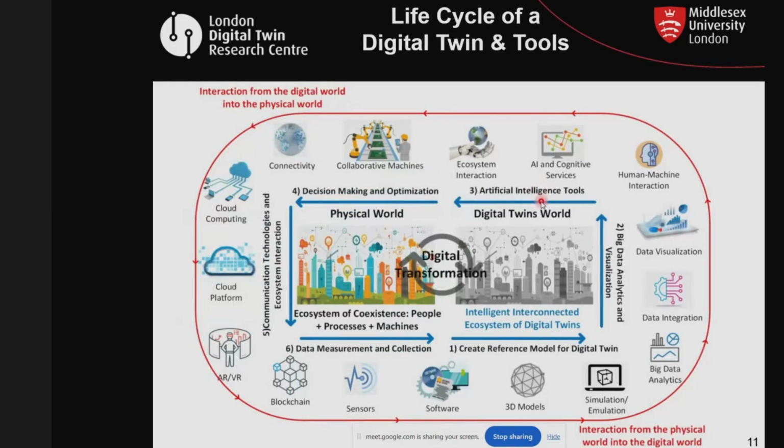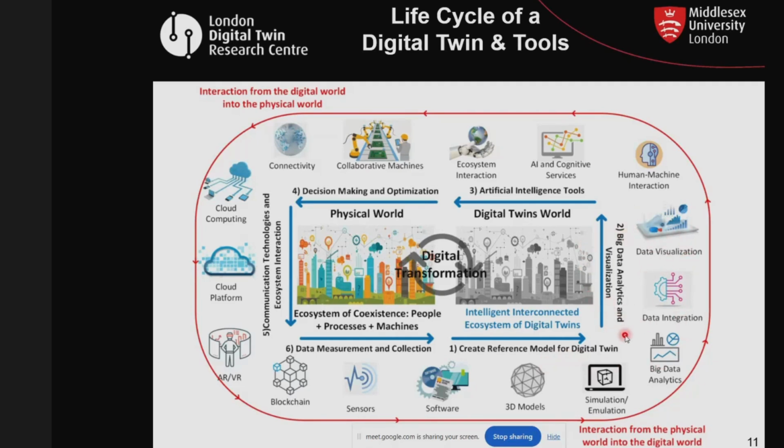I'll give you a perspective on what exactly happens in terms of the life cycle of the digital twin and what tools are required. If I start from here, I create a reference model, which is the software version of the digital twin. I can have 3D models, simulation, emulation, use of big data analytics, and then I go down to visualization.